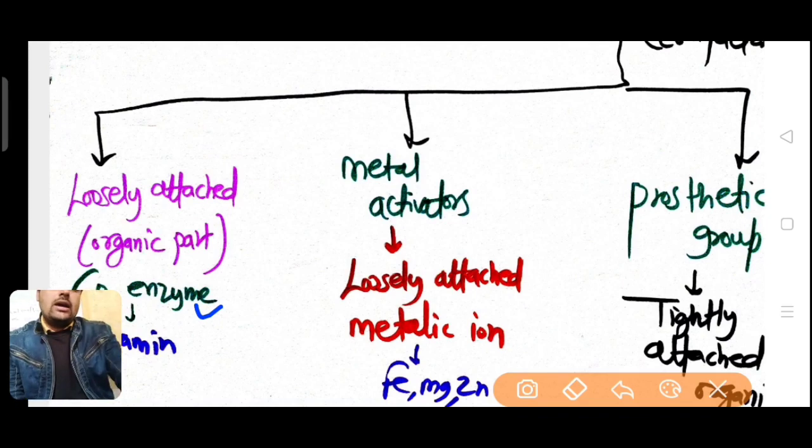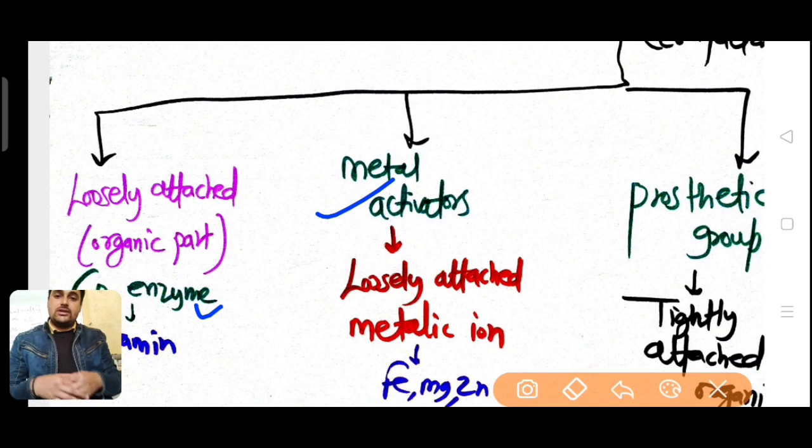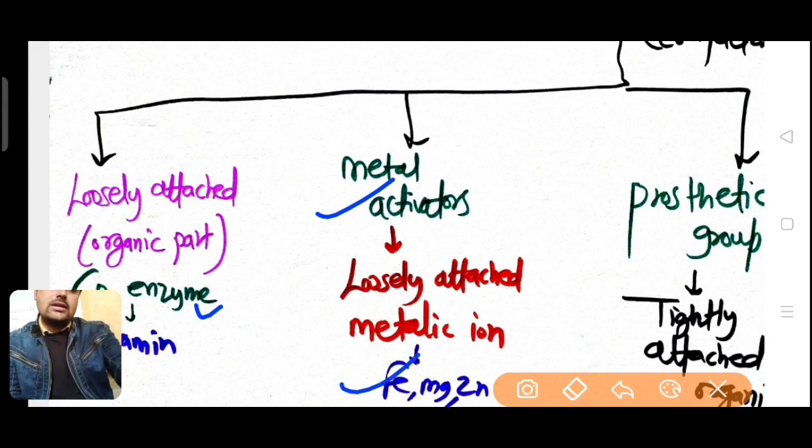In the cofactor, the other category is metal activators. They are also loosely attached with your apoenzyme, and they are metallic ions. They are non-organic, for example iron, magnesium and zinc.